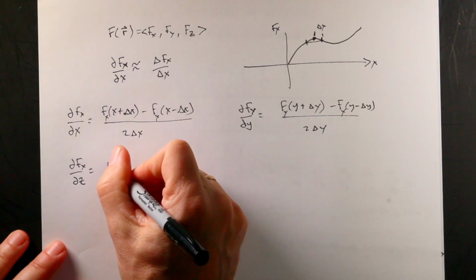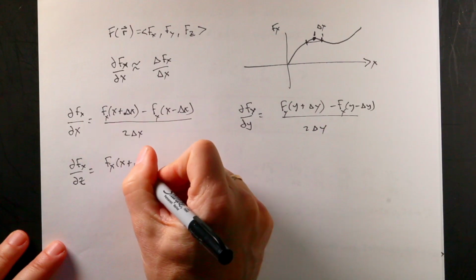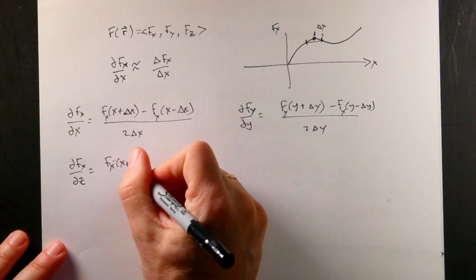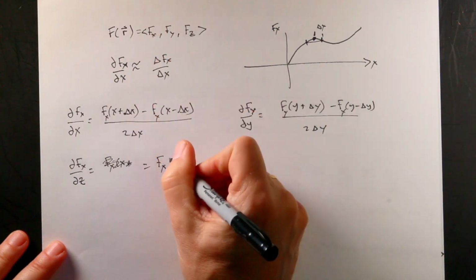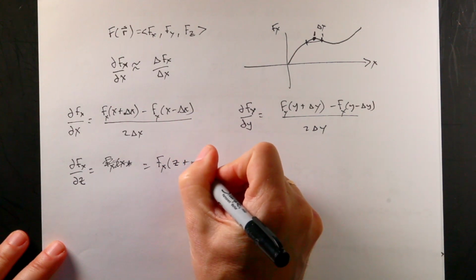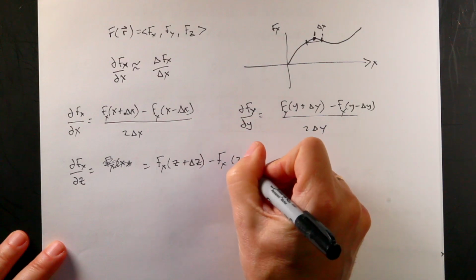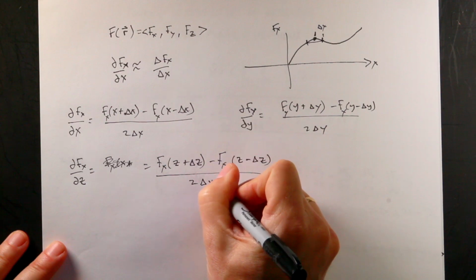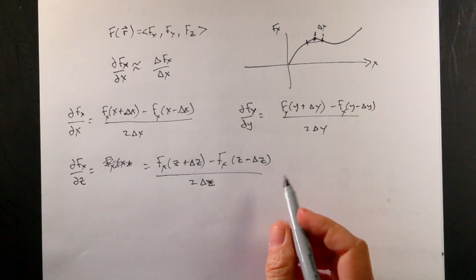So it'd be f of x, that's my function, but I want to see how it changes in the z direction. So I'll say z plus delta z minus fx of z minus delta z, all of that over 2 delta z.